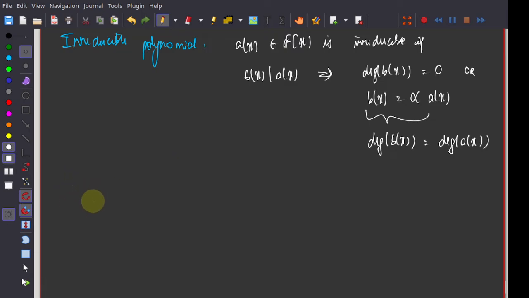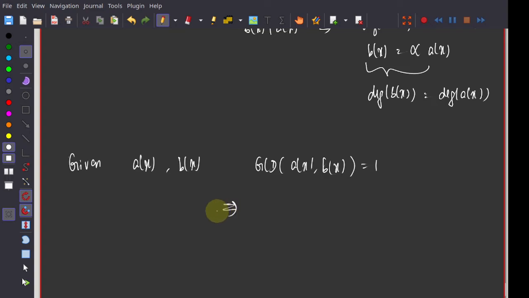So given any two polynomials, a of x and b of x, what can we say happens when the GCD of the two polynomials is equal to 1?